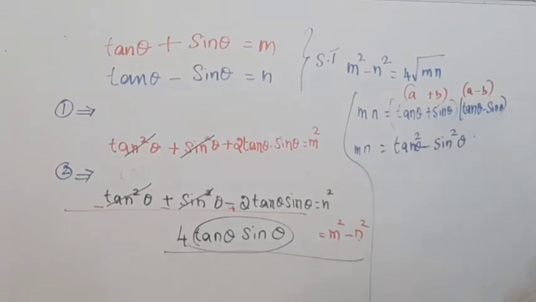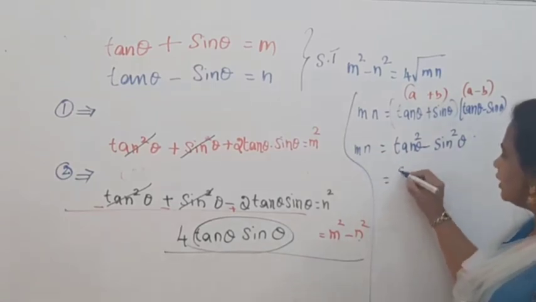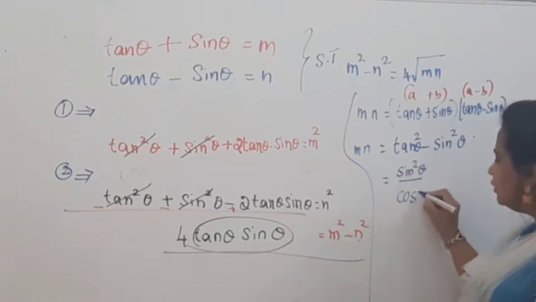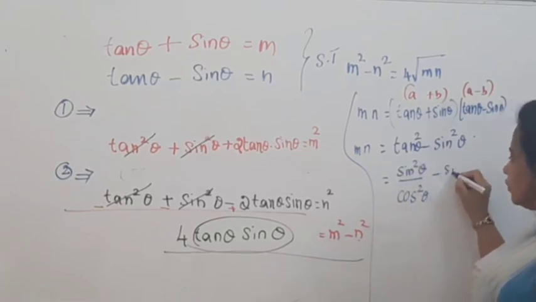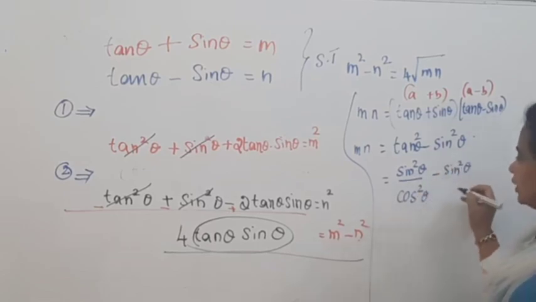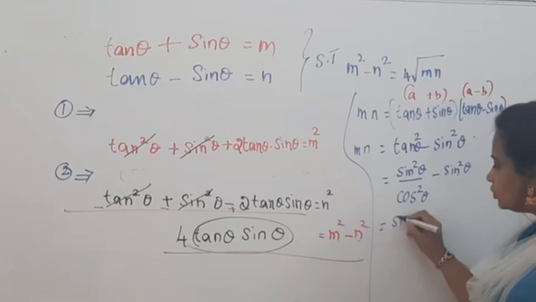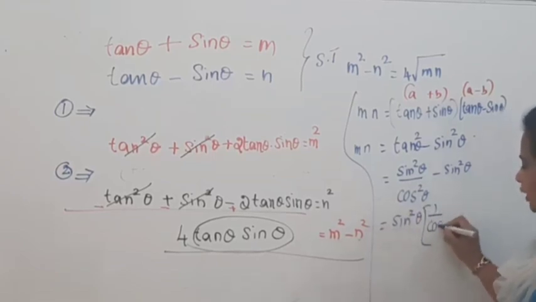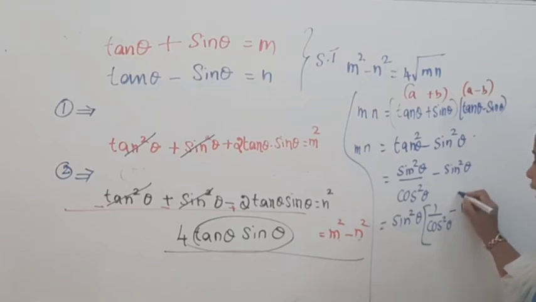Now this tan square theta, I can write as sin square theta by cos square theta, so minus sin square theta. Yes, correct. So I will take sin square theta out. I am left with 1 by cos square theta minus 1.